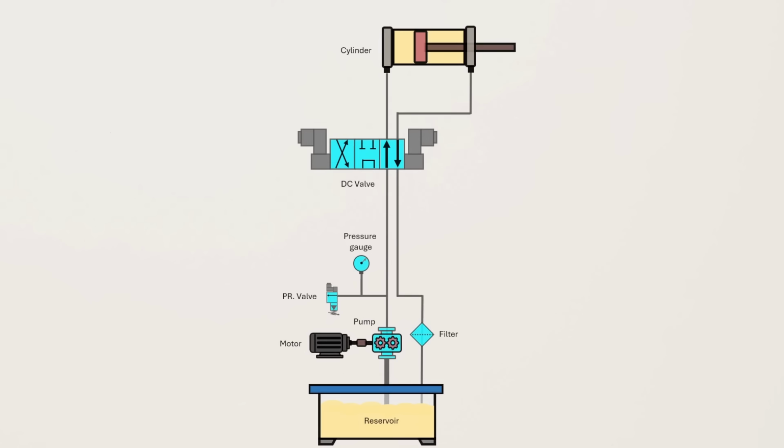Let's understand it with an example. In this hydraulic circuit of a press machine, the hose connecting the pump to the directional control valve and from directional control valve to the hydraulic cylinder are the pressure line. So if the working pressure of the system is, let's say, 100 bar, actually it's better to consider relief valve pressure.